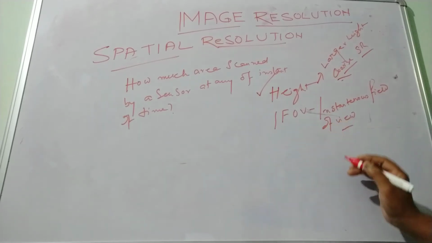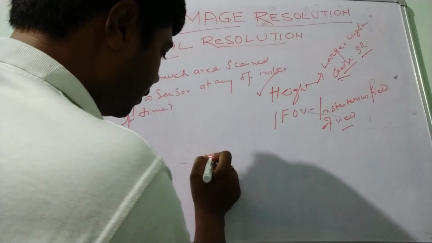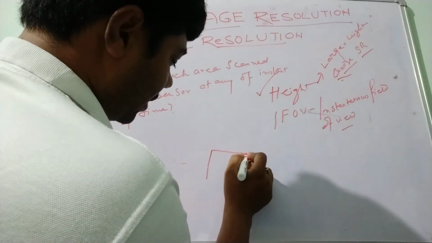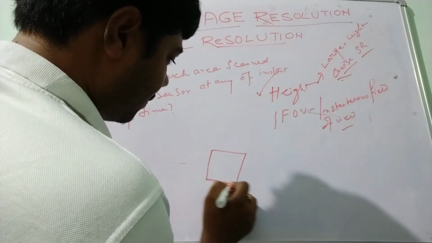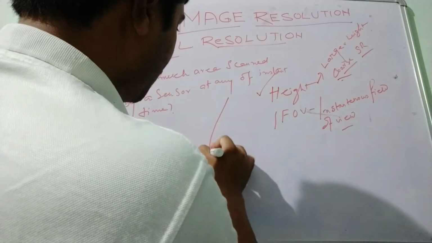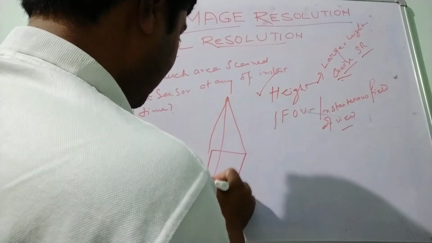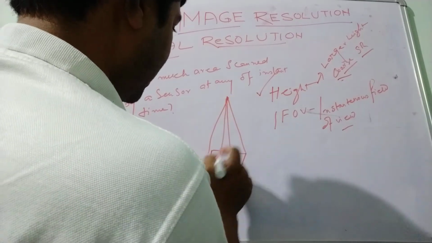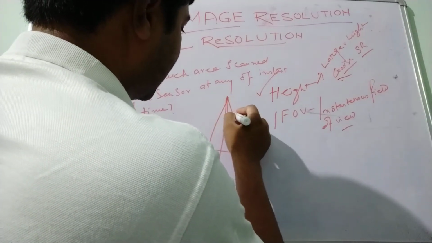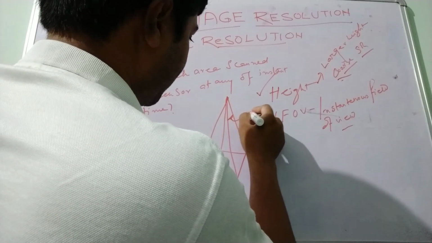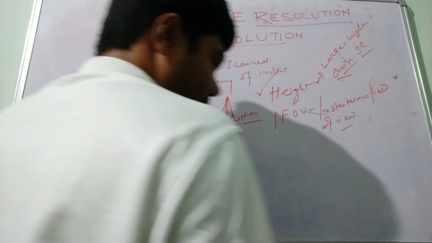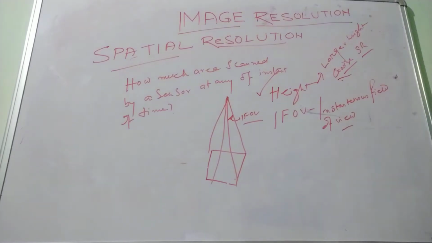And the second one is the IFOV. What is IFOV? IFOV is the instantaneous field of view, that is the viewing angle of the sensor, right? This IFOV depends on the ground resolution cell or object space and the height of the object.